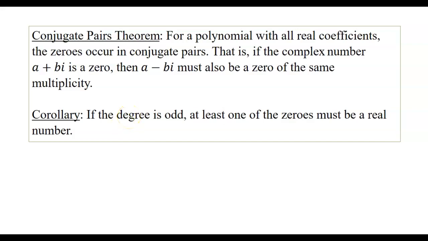If the degree is even, then it's possible that all of the zeros are paired up as complex numbers involving i. But if the degree is odd, if you have a degree 3 or degree 5 or degree 7 polynomial, you can't pair up the zeros that involve i. There's going to be one left out that doesn't involve i, at least.